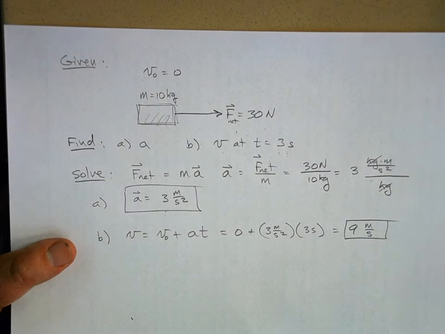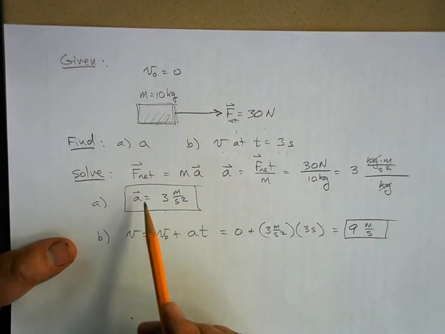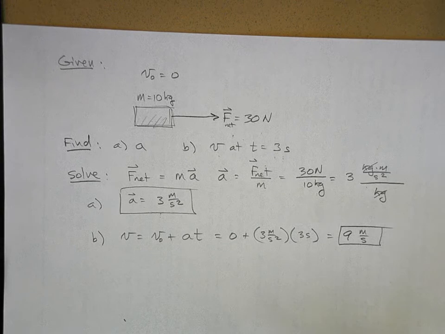So if I know the mass and I know the net force, I can now figure out the acceleration, and I can make predictions about the motion of the object. And that's a very powerful thing. You know, if I'm in that Tesla Model X and I hit the throttle and I know what my acceleration is, I know what the net force is, I know what the mass of the car is, I can make all kinds of calculations.